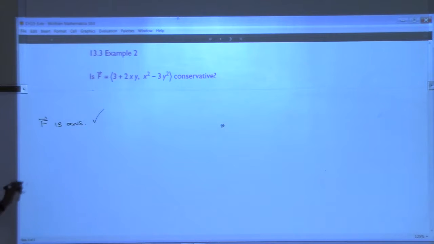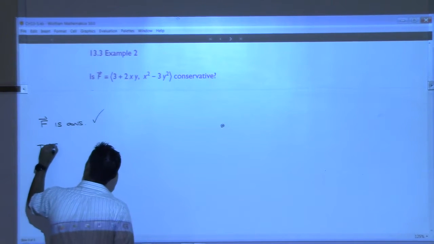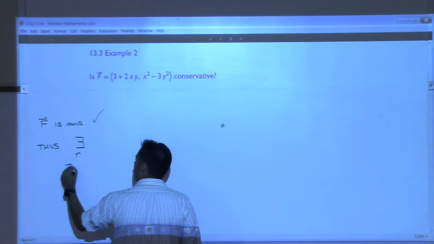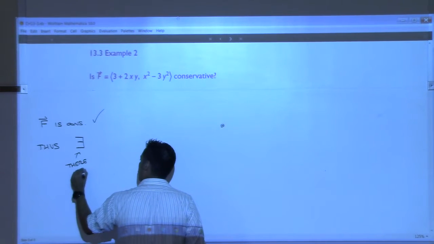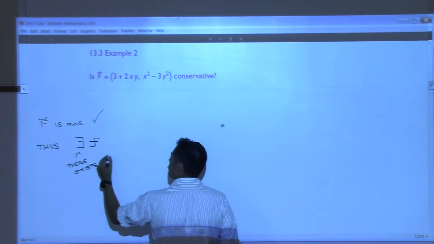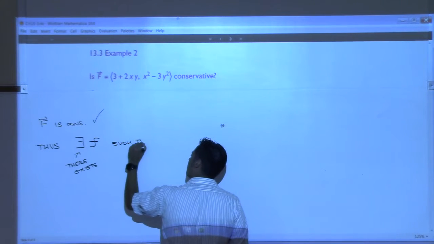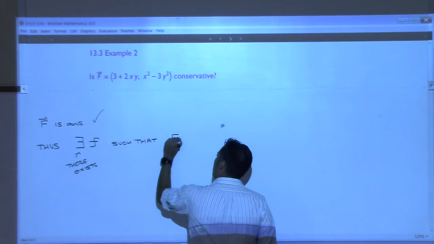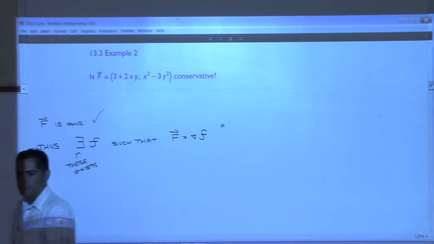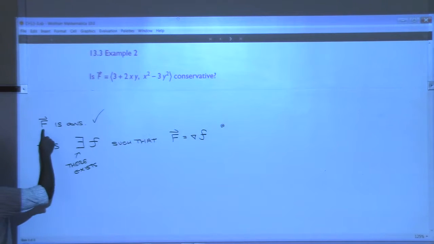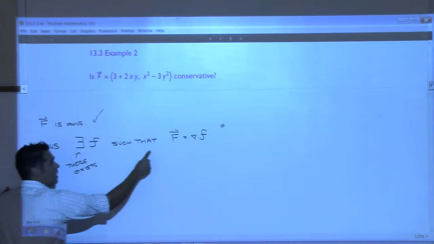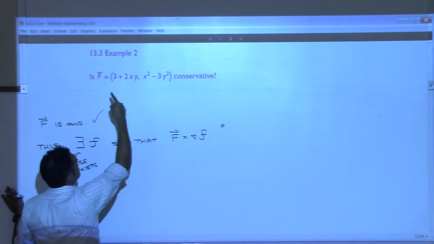That means there exists a little f such that F, our field, is equal to the gradient of little f. So by saying a vector field is conservative, it means there exists some scalar function such that when I take the gradient of that scalar function, it gives me that field.